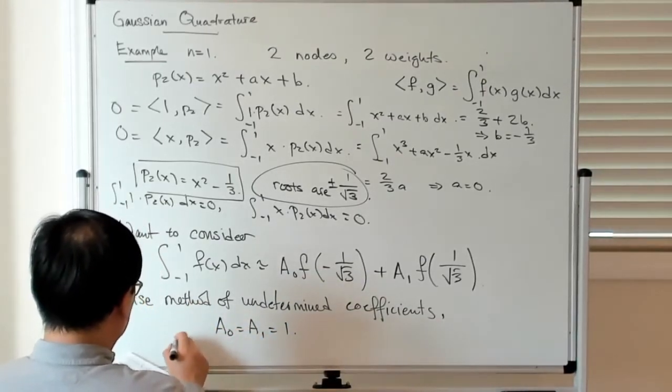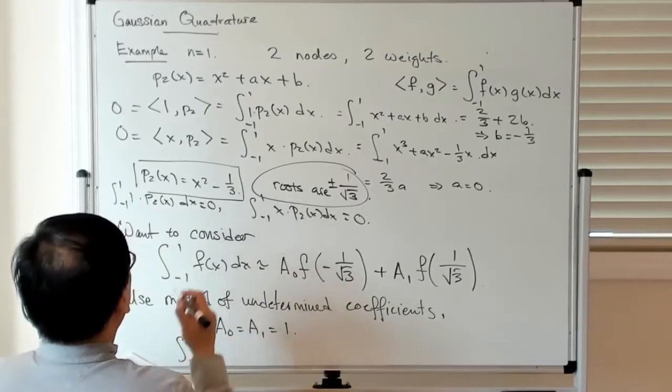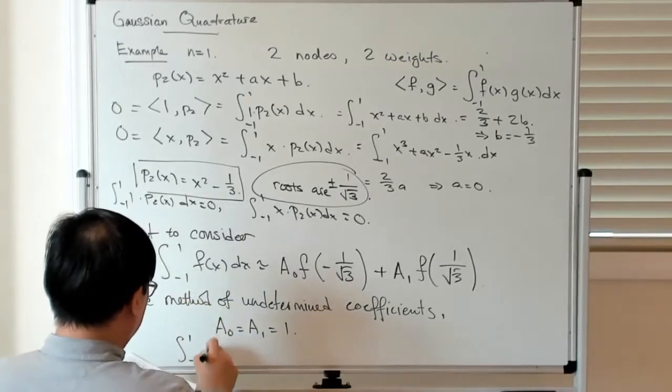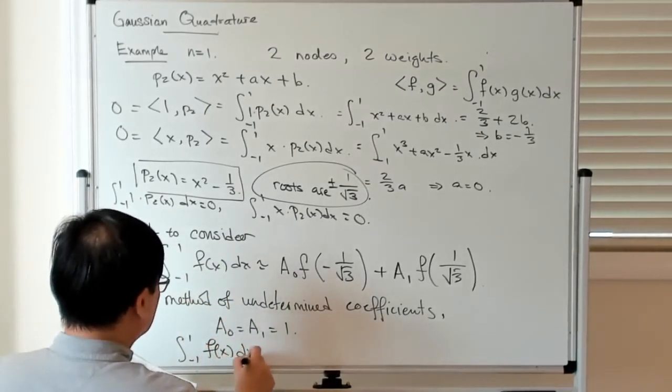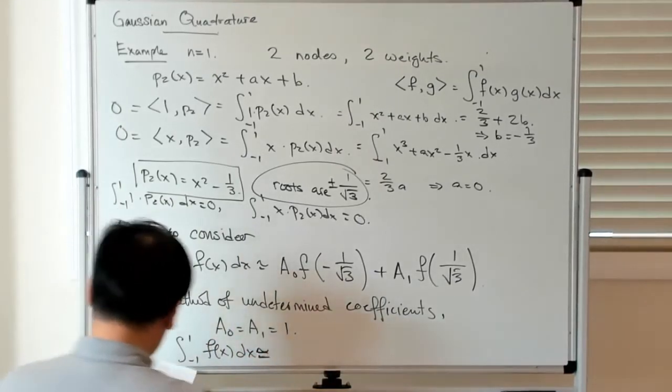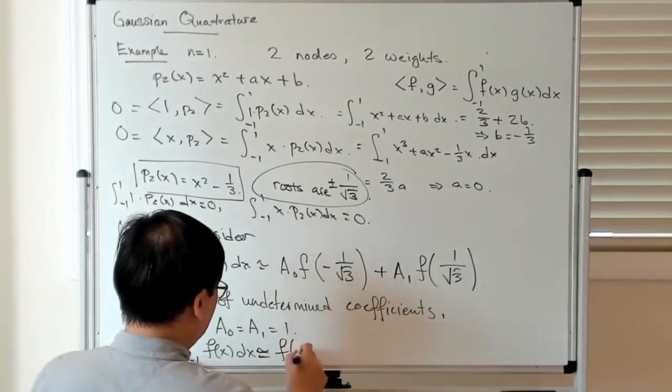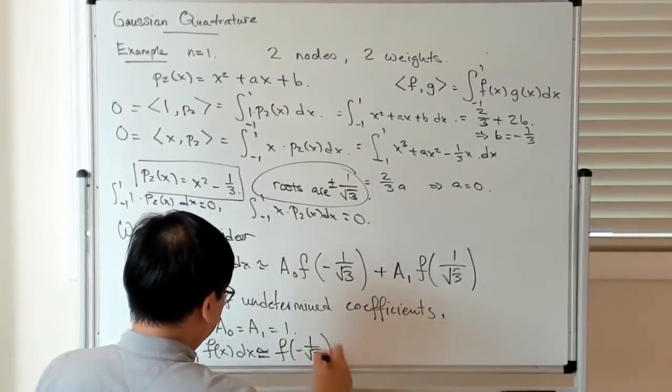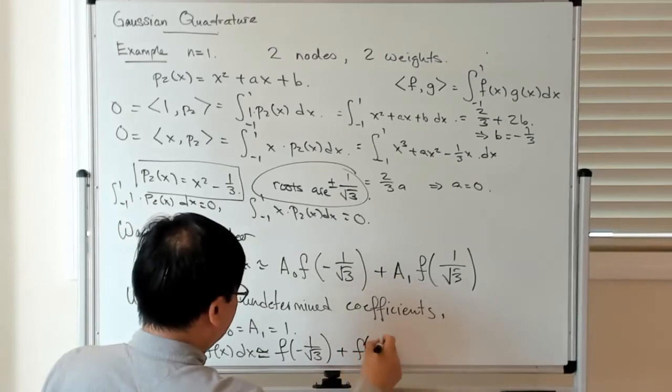So the corresponding Gaussian quadrature rule for n equal to 1 is approximately f at minus 1 over root 3 plus f evaluated at 1 over root 3.